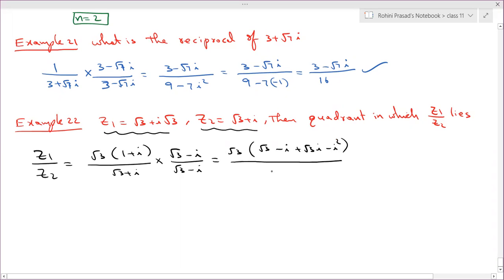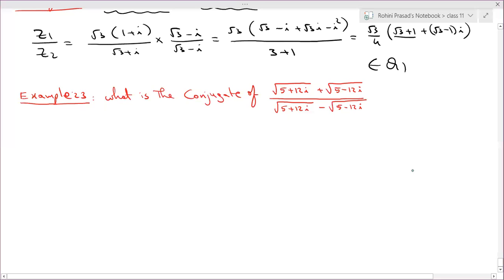The denominator is root 3 whole square, which is 3, plus 1 square, which is 1, so 4. So root 3 by 4 into, i square is minus 1, minus 1 is plus 1 plus root 3, plus 1 plus root 3 minus 1 into i. And again, if you observe that both x and y coordinates are positive, so it belongs to the first quadrant again. That's it.